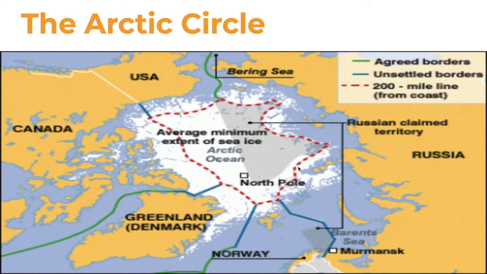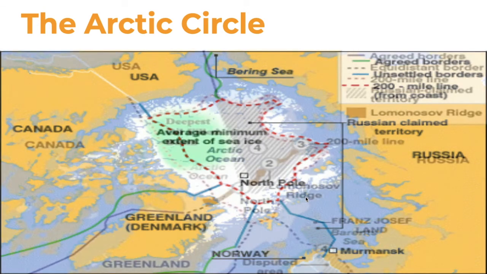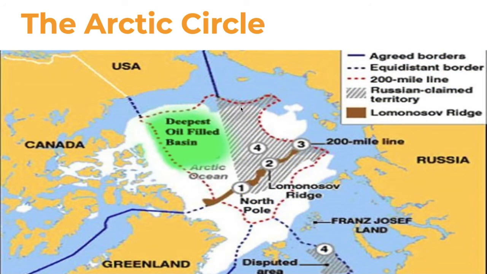That's how far their territory expands. Russia, on the other hand, has laid claim to all of the territory you see here with the diagonal lines. Even though legally they only have up to this red dotted line here, they've laid claim to all of this territory. And much of that is due to resources.